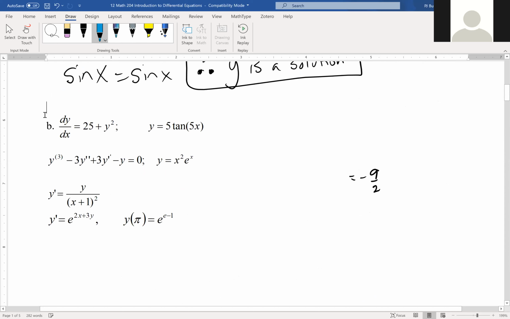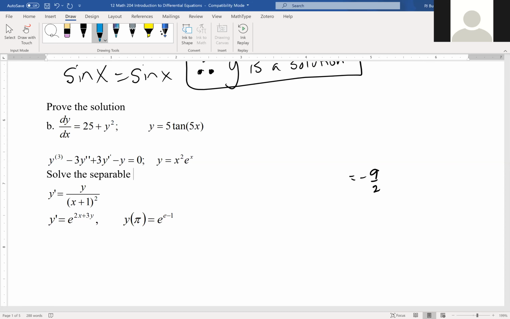Okay, so these first two are prove the solution. These two are solve the separable diff EQ, which is shorthand for differential equation, by the way.